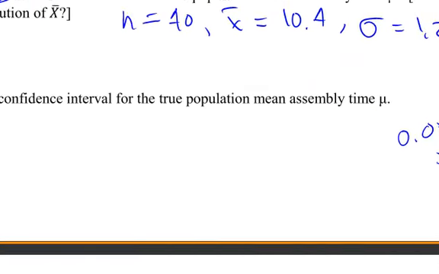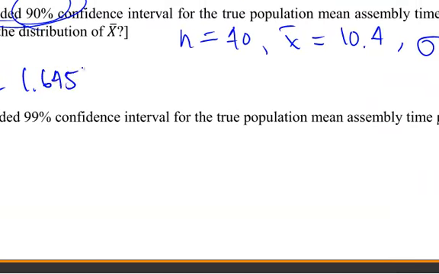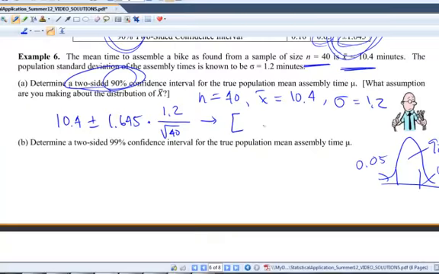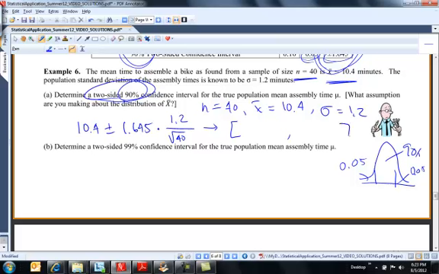So the z-score is 1.645 times 1.2 divided by the square root of 40. I should give you an interval, but I don't have Maple up at the moment. You would get a lower bound and an upper bound, and then I'd say I'm 90% certain that this contains the true mean time for everyone in the world to put together this bike.